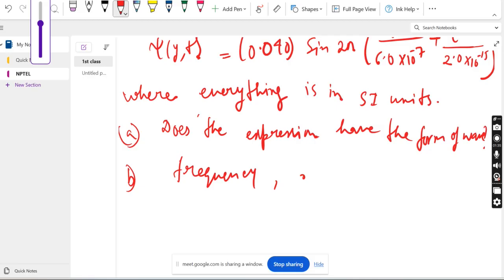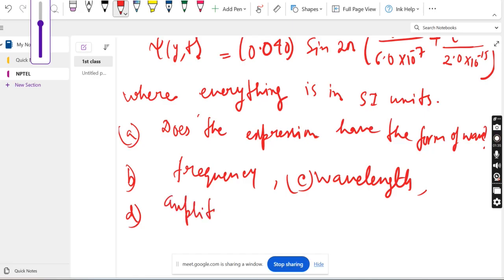Determine the frequency, wavelength, amplitude, direction, and also speed.